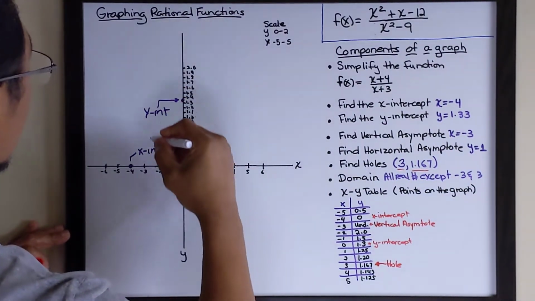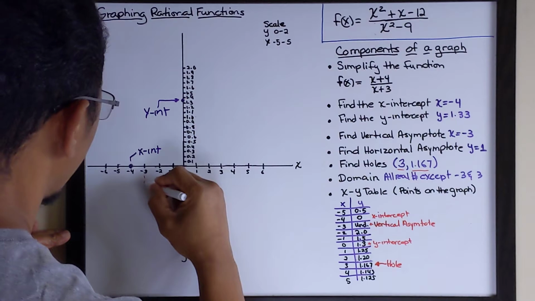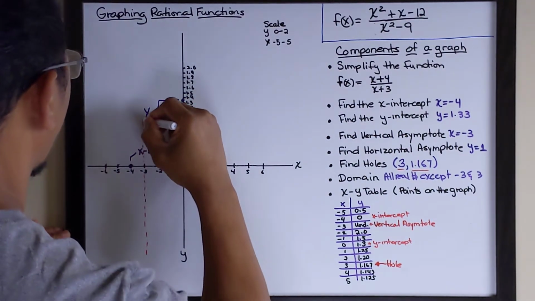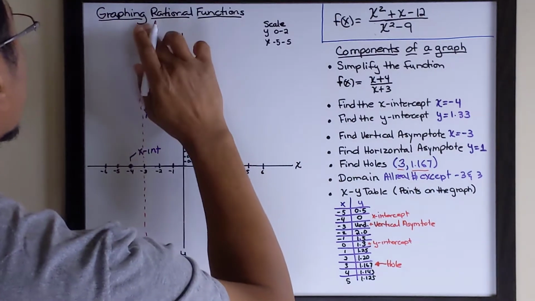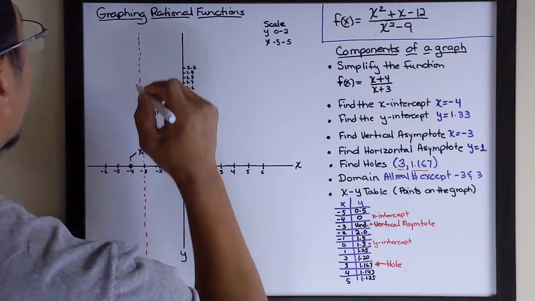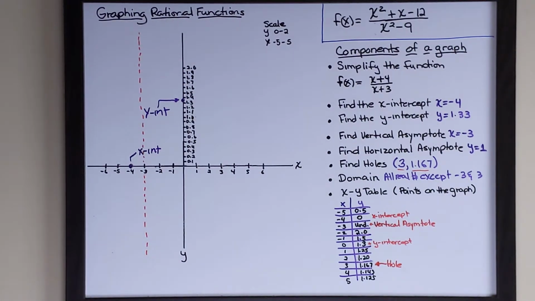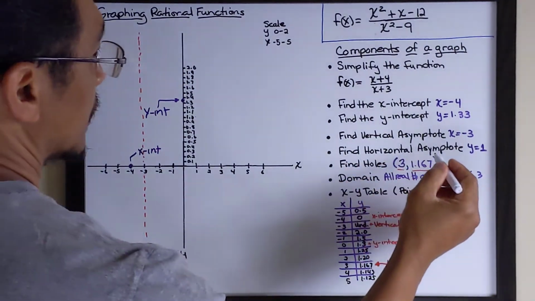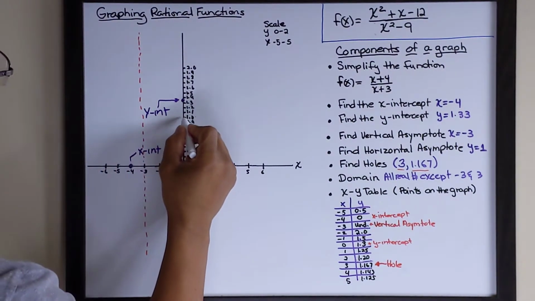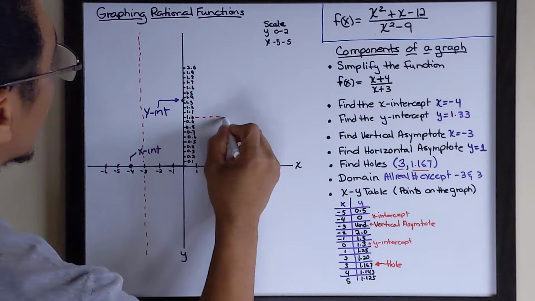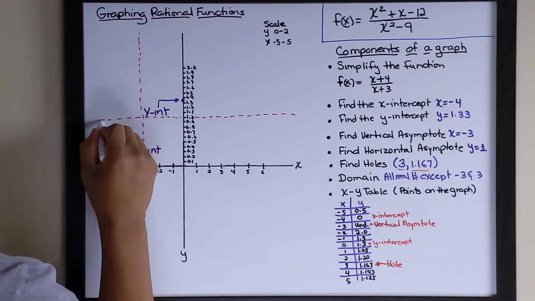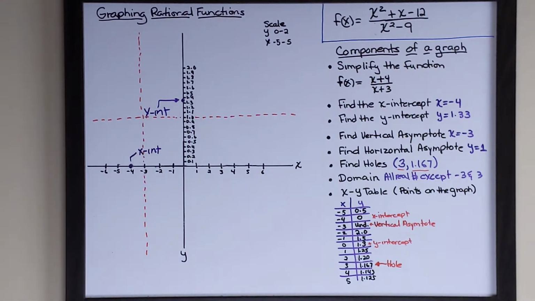So I'm going to draw a vertical line where x is -3. And then the horizontal asymptote is where y equals 1. So 1 is right here for your y, and we're going to draw a horizontal line going through y equals 1.